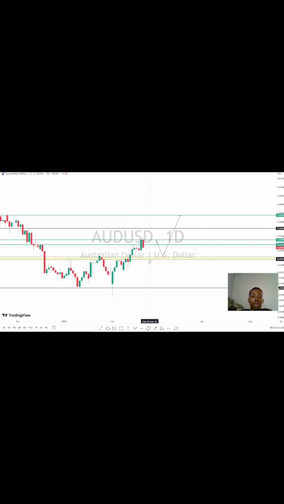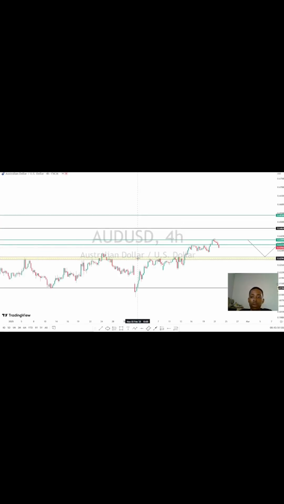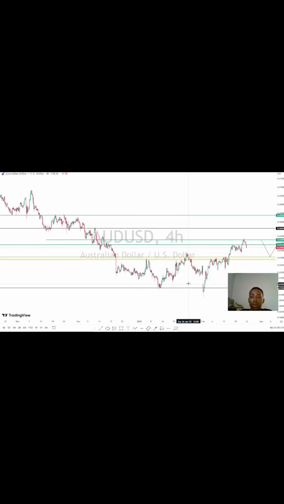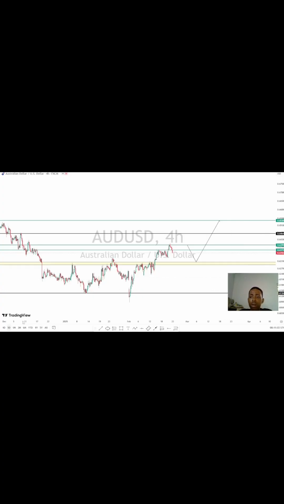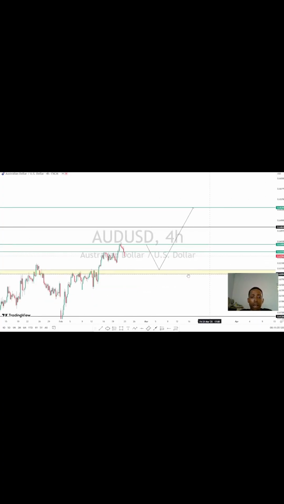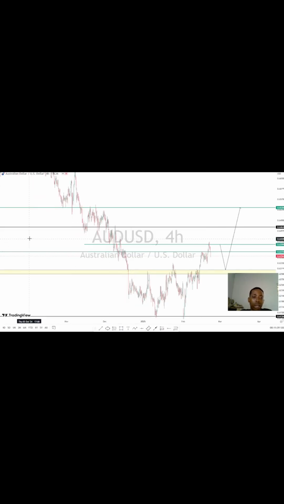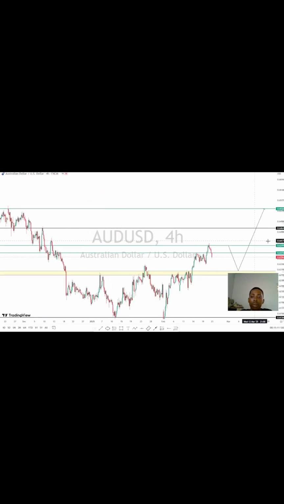So even if I'm in this market from here, let me scale down to my 4 hours for you guys to see it well. So this is what we have in the 4 hours. So probably I get my bounce from here. My first level target, I will never ignore this level, this black bar, for any reason.